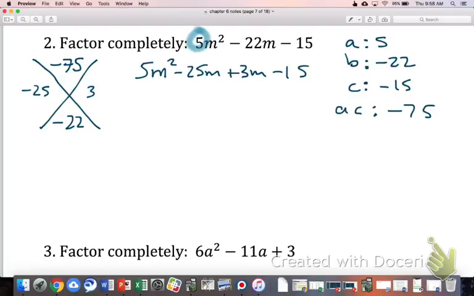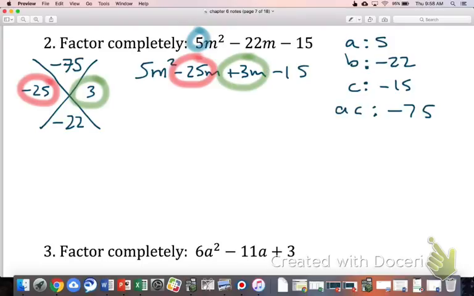Now, where are we getting those numbers from? We're getting them directly from the magic x. And check this out. This negative 25, that's where I got that from. You see it? So I got the negative 25 from the magic x, and so I'm going to put negative 25m, and the 3 from the magic x is right there.